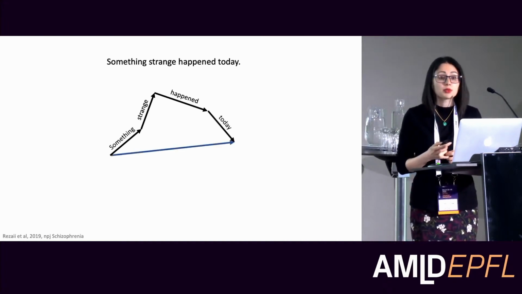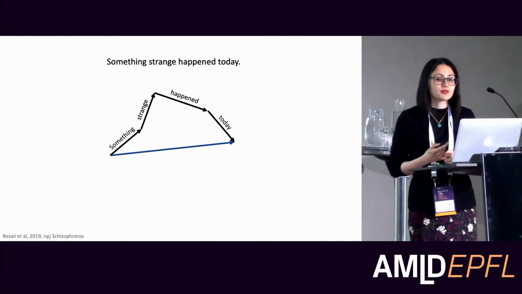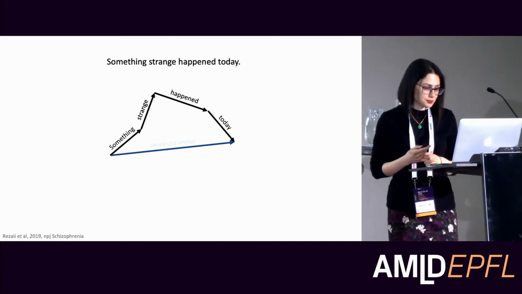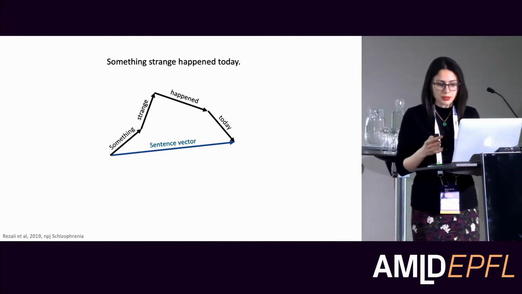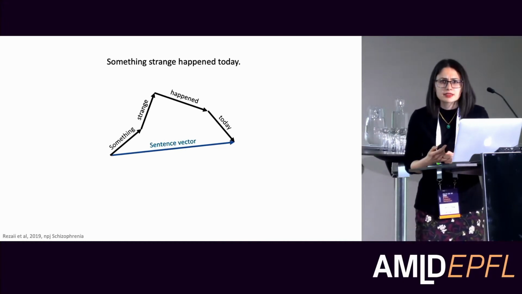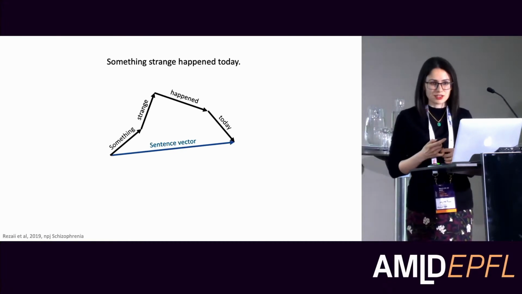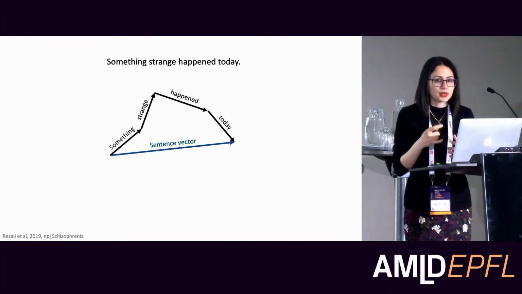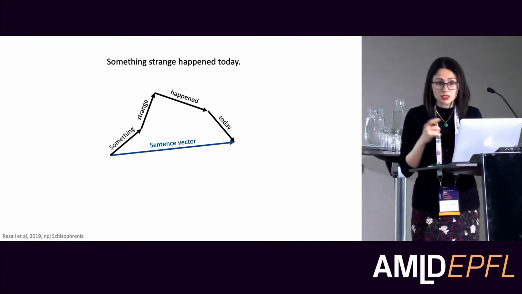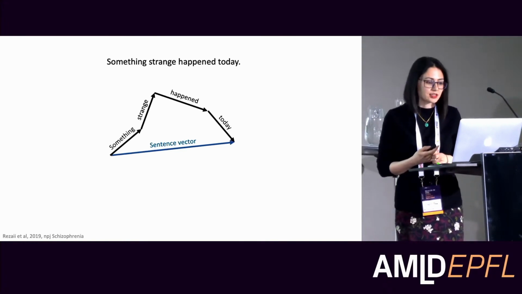Finally, we can summarize the entire sentence by adding the word vectors associated with this sentence. This has been used in other studies, and here we asked, okay, there is not only 1 way of getting at this sentence vector. There should be other ways of adding vectors in that 202-dimensional space in order to get at this sentence vector.